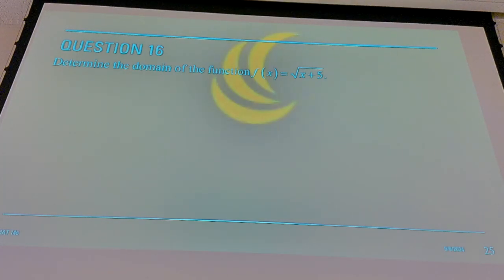What's in the radical has to be non-negative, right? Yes. So in this case, the x plus 5.